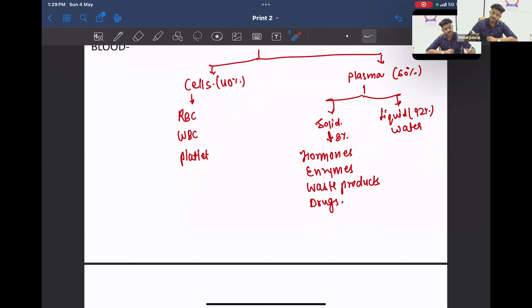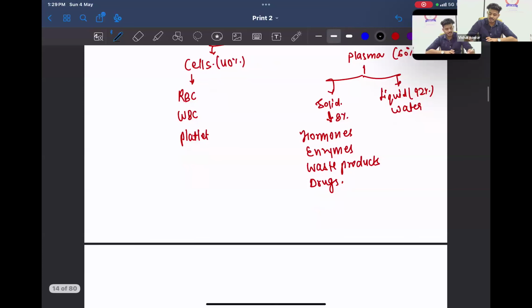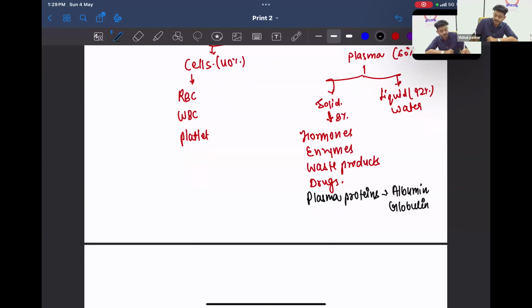Apart from that, plasma proteins are also here. These are your albumin, globulin, and fibrinogen. These are your plasma proteins.